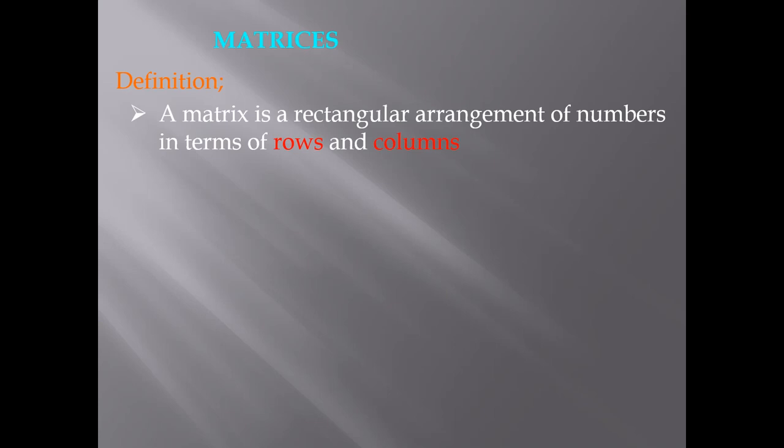So when you talk about a matrix, you're looking at the rows and columns. Rows are horizontal, whereas columns are vertical. If I may ask, which student sits in the first row, first column of your classroom?